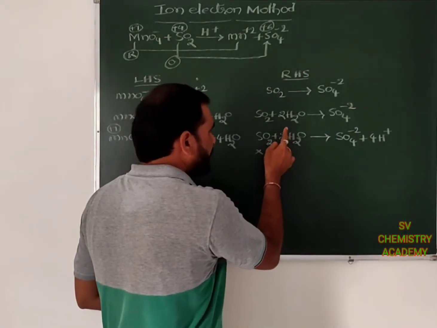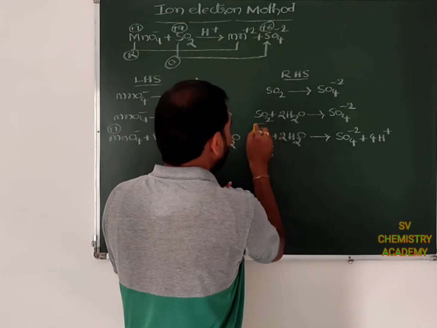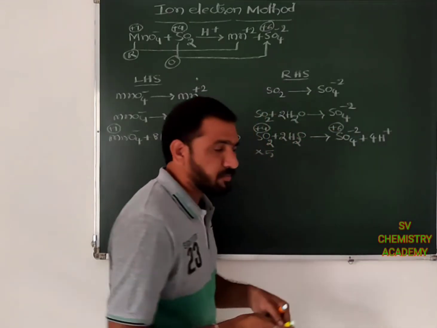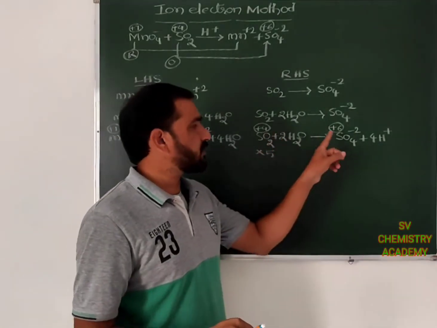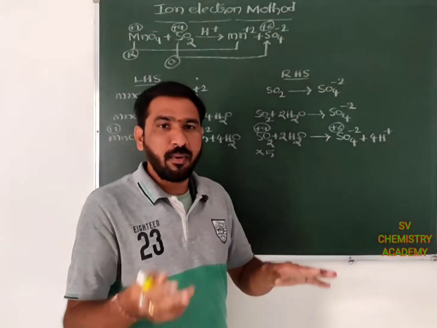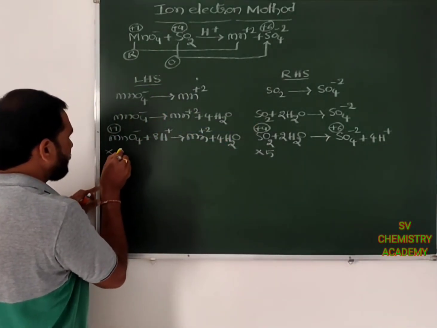Here, how many electrons participated for sulfur going from plus 4 to plus 6 oxidation state? 2 electrons participated. The number of electrons participated in RHS multiplies with LHS. Therefore, here multiply with 2.